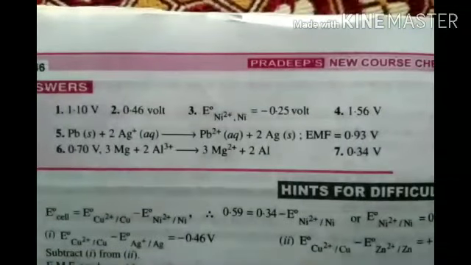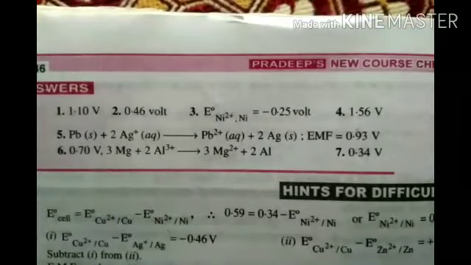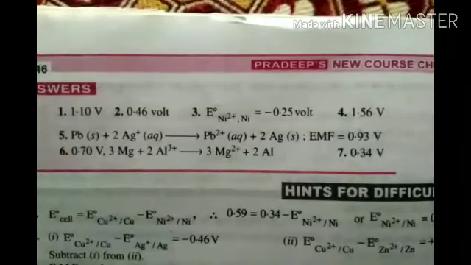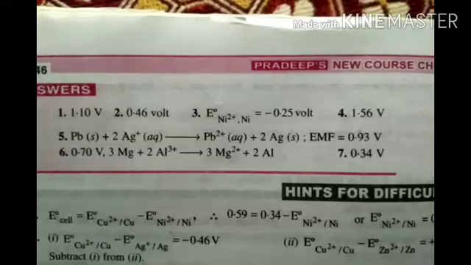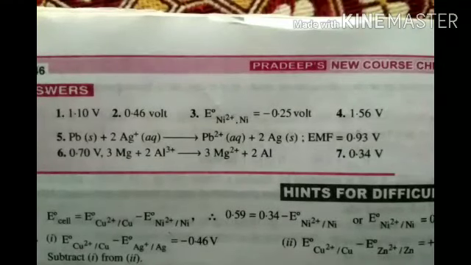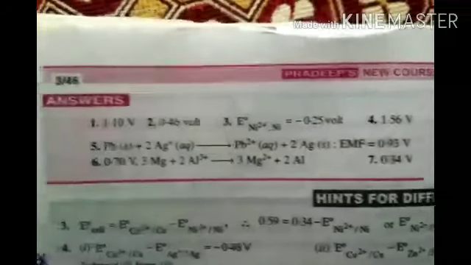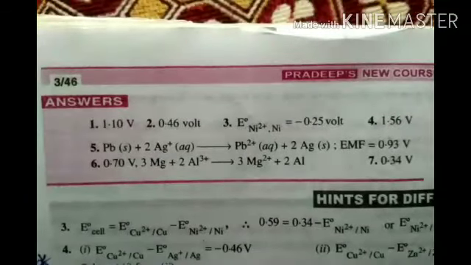Okay, these are the answers: fourth one 1.56, fifth one 0.93, sixth one 0.70 volts, and seventh one 0.34 volts. This is the homework you have to do. Got it?